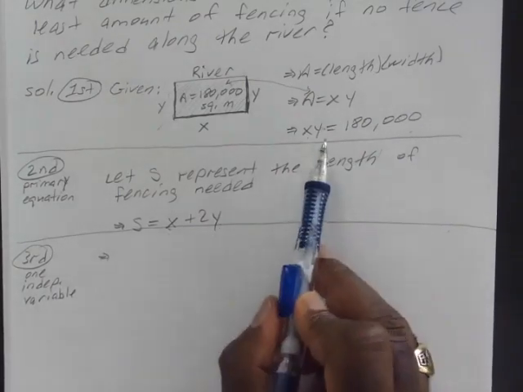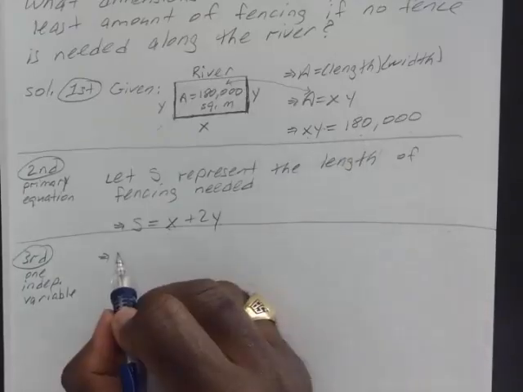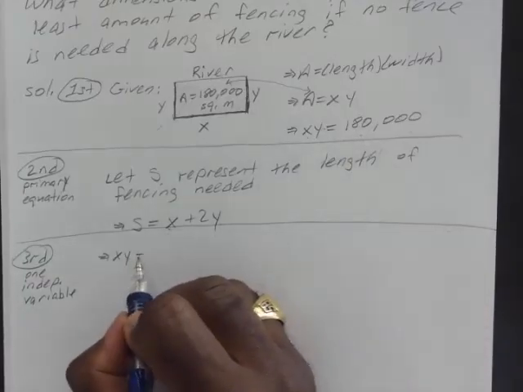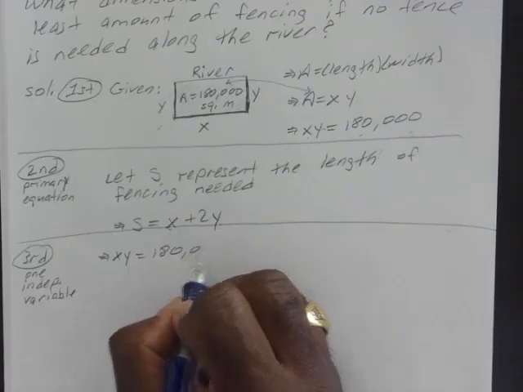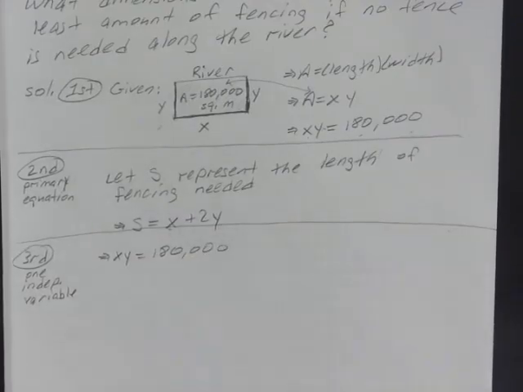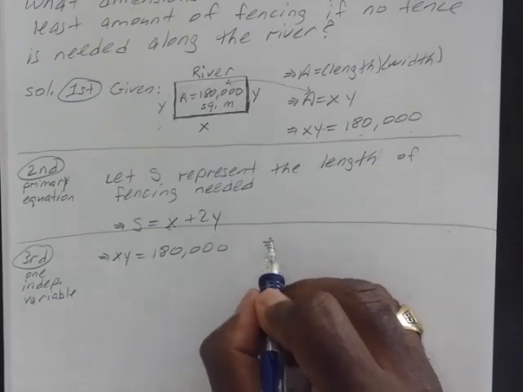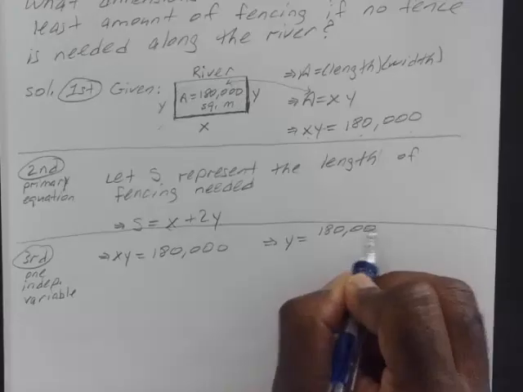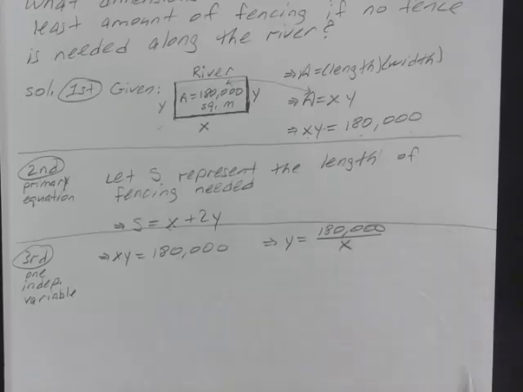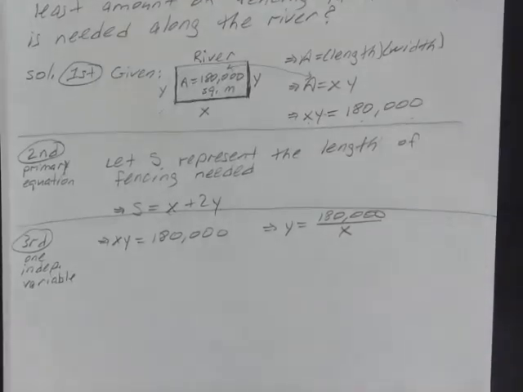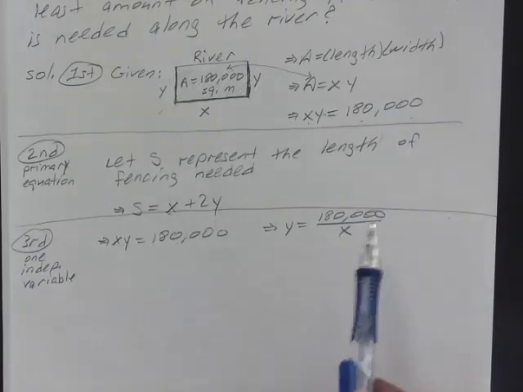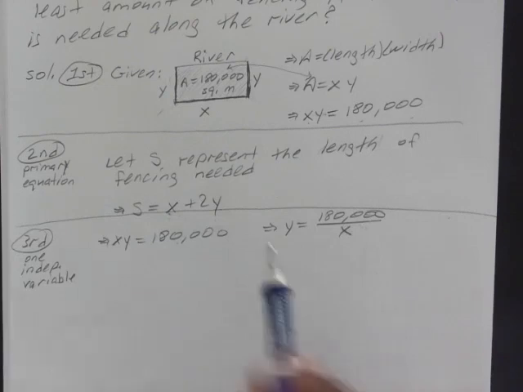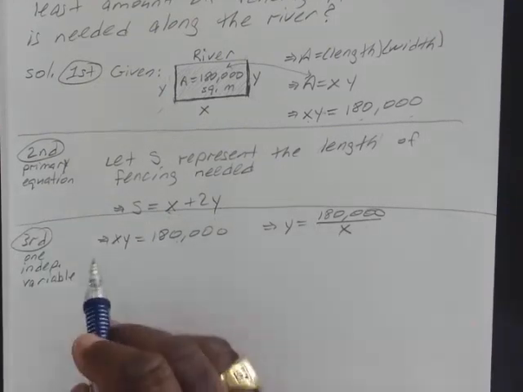Well, we know x times y is 180,000. So if we divide both sides by x, that gives us y is equal to 180,000 divided by x, which gives us our secondary equation.